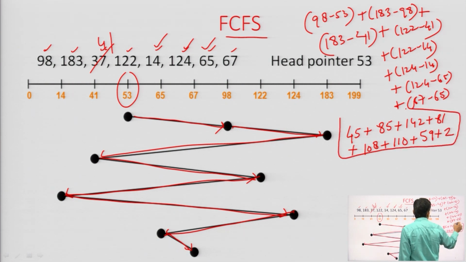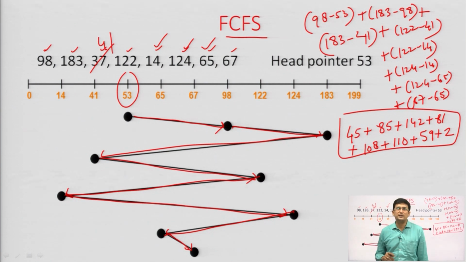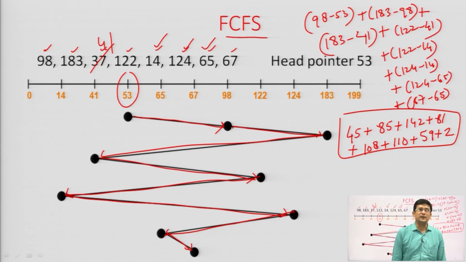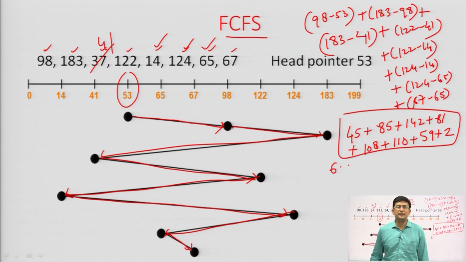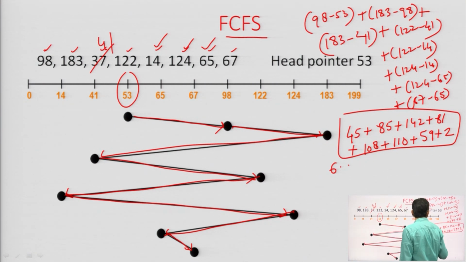Added all together, this will be the total number of movements that the disk arm made. This will come out to around 600 something. Fine. So around 600 movements are taking place for moving like this, or in fact if you find out the complete value, this will be 5 plus 5 is 10, 12, 13, 21 and 11, 31.